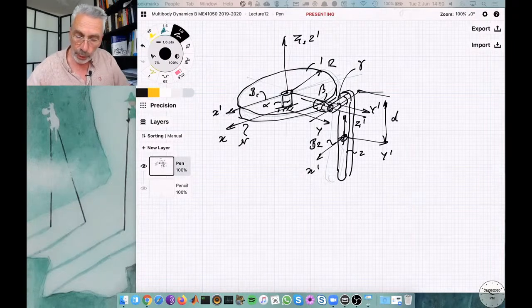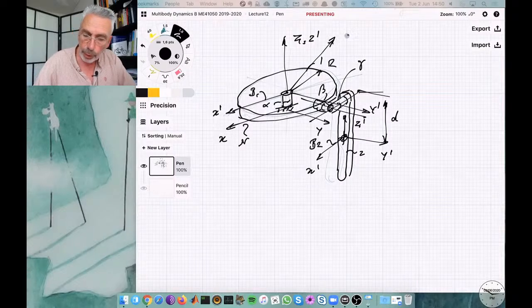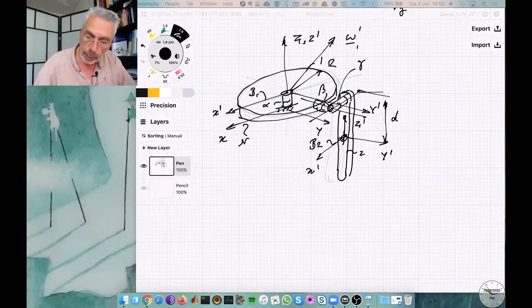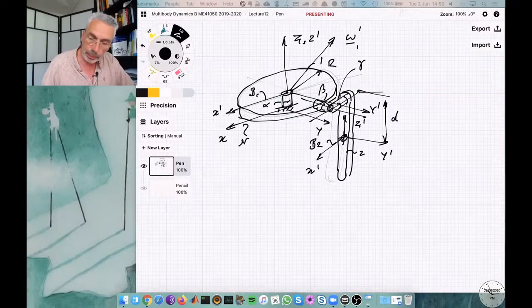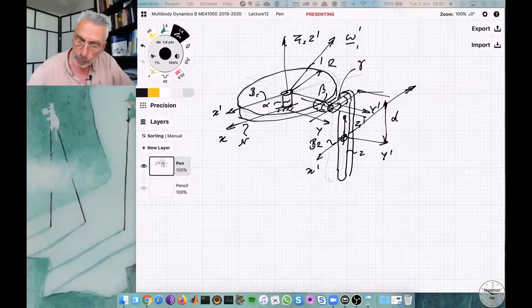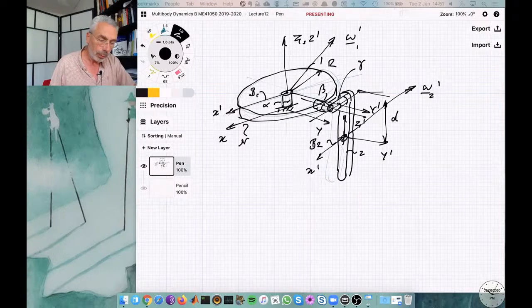So what do we need in the end? Well, for every body we need some expression of omega. This is then the omega of body 1 in its own coordinate system. And for this body we also need an expression for omega of body 2 in its local frame.